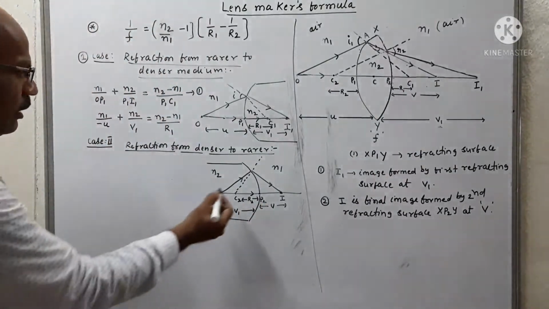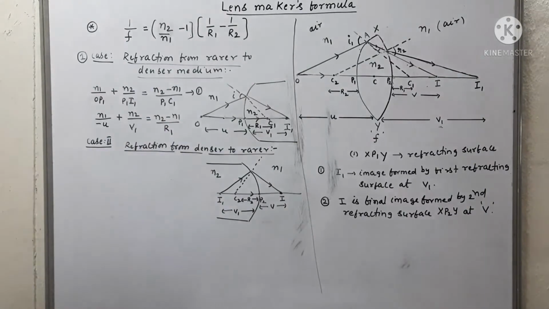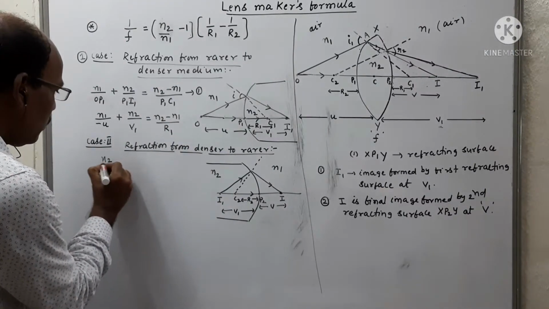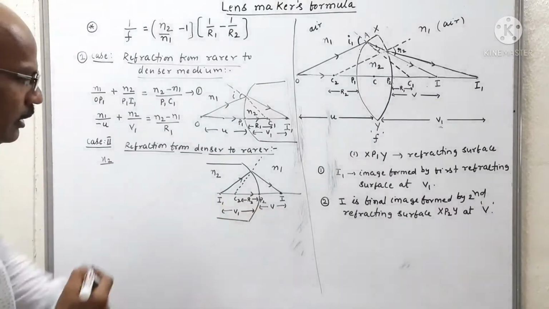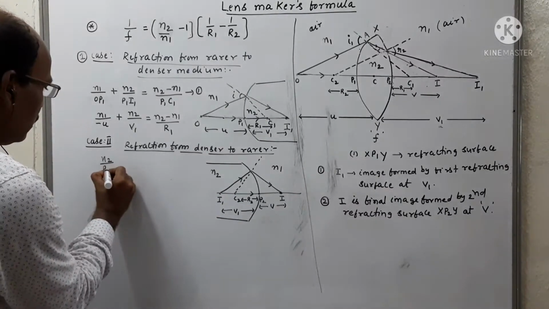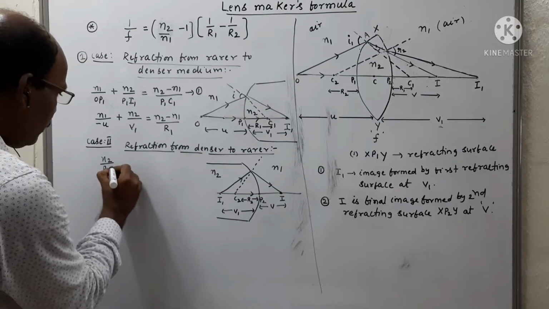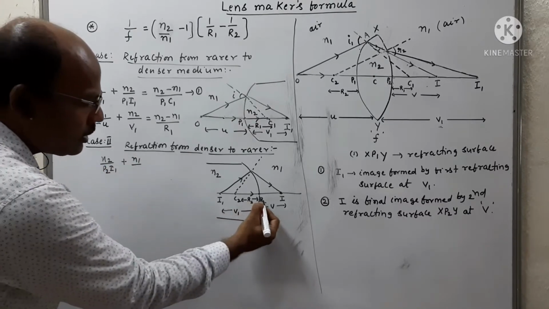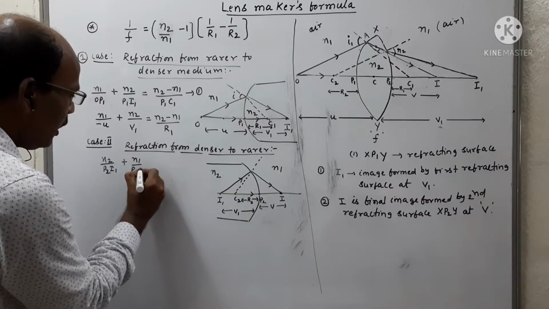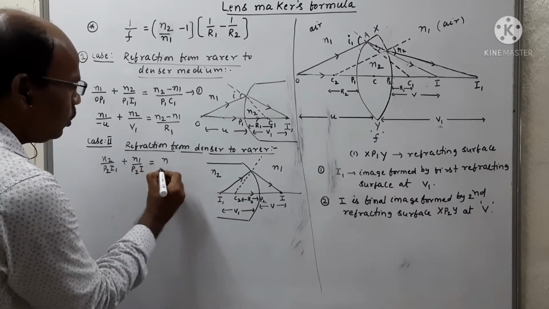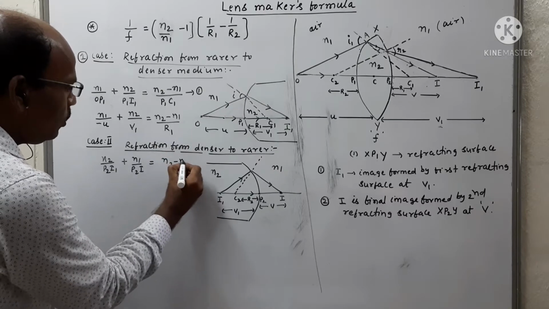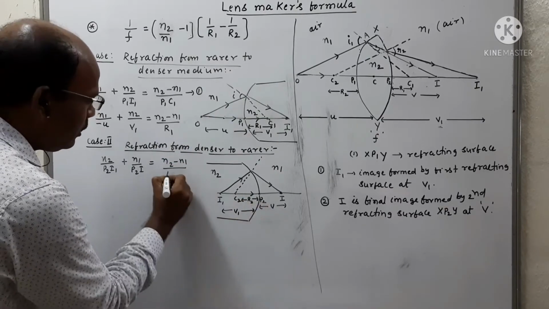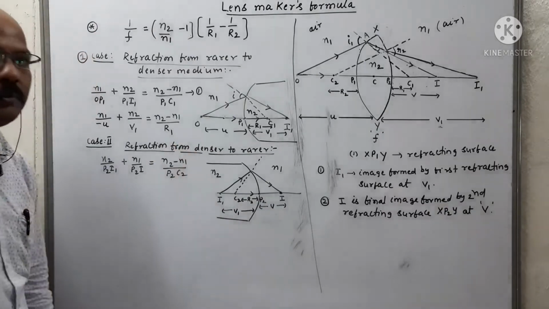Simply, we can write by using the second equation: N2 by object distance, that can be written as P2 I1, plus N1 by image distance P2 I, is equal to N2 minus N1 by the radius, that is P2 C2.